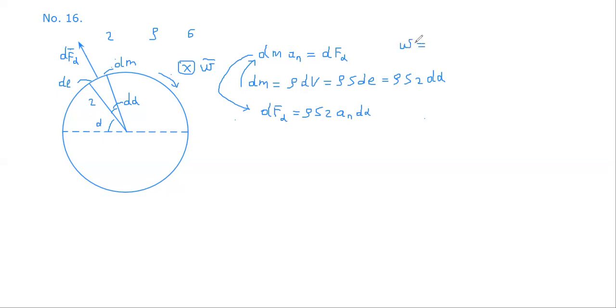So angular velocity is equal to 2 pi nu.